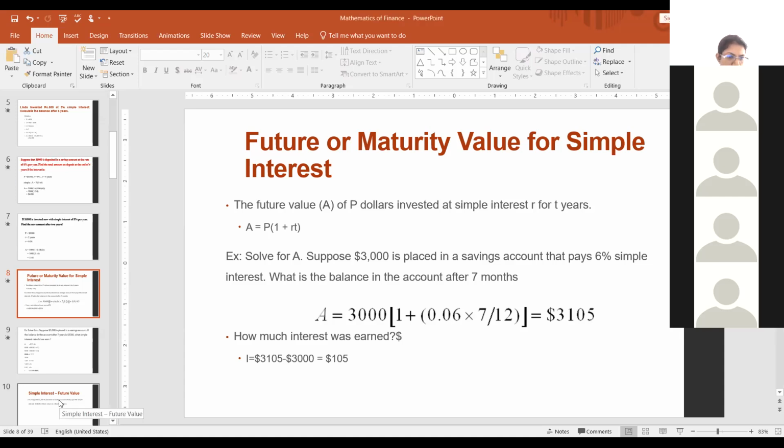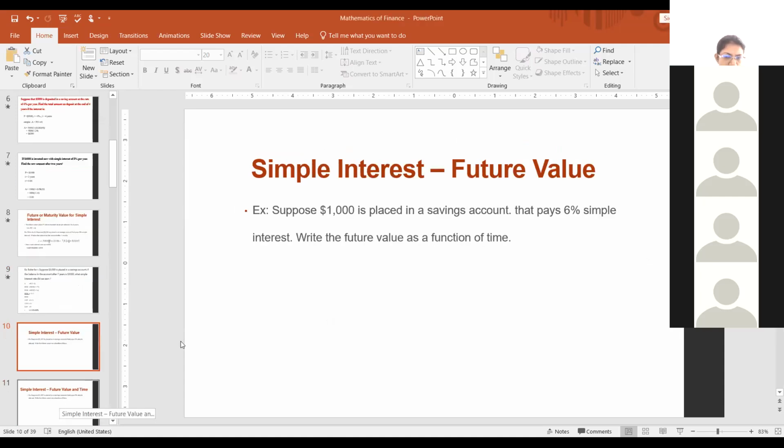So now we are going to learn another question, right? So write this one and try to find the answer.